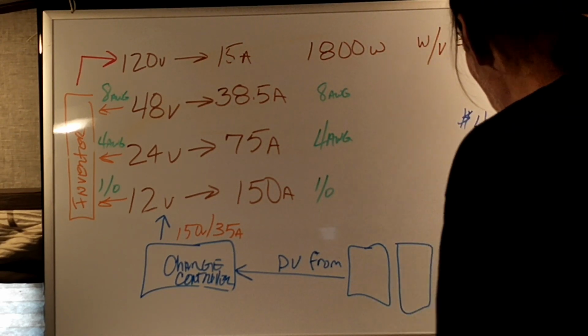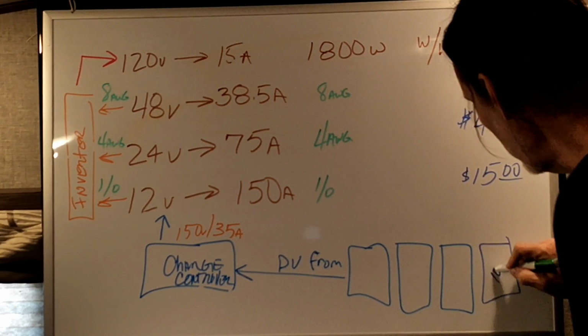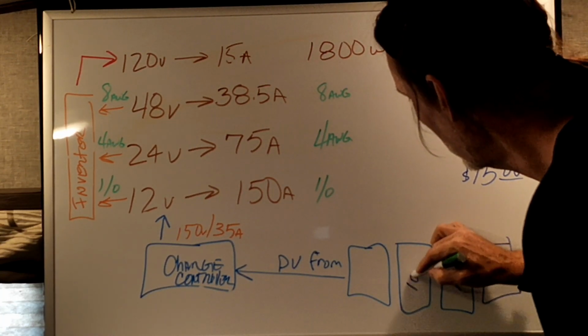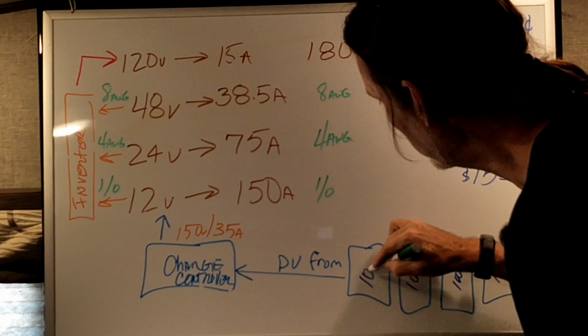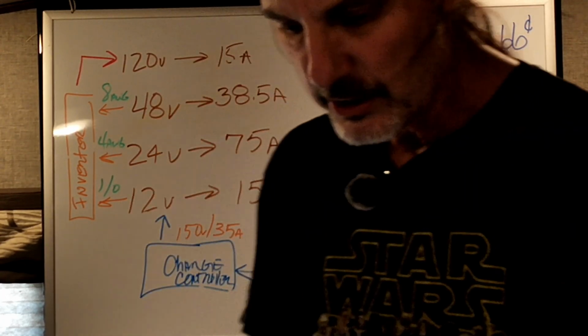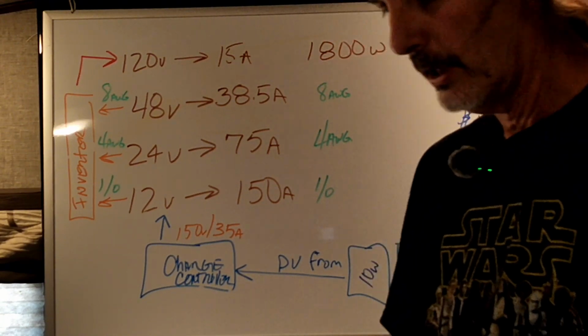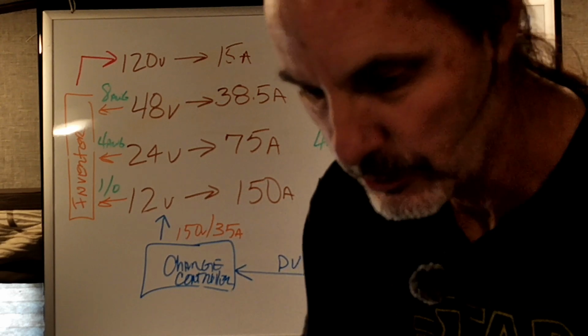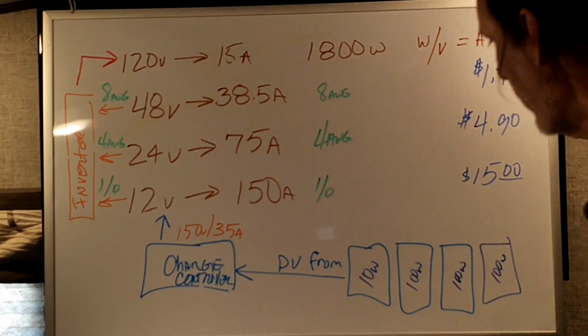So we're going to list these as 4, and they're each going to be 100 watts. Just like this. And we're going to take these 400-watt panels, and I got to make sure I have my calculator here because this is going to be some sloppy math as we go along.